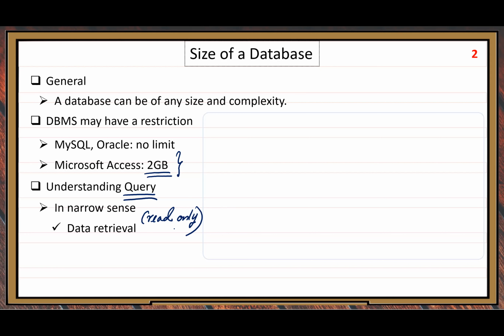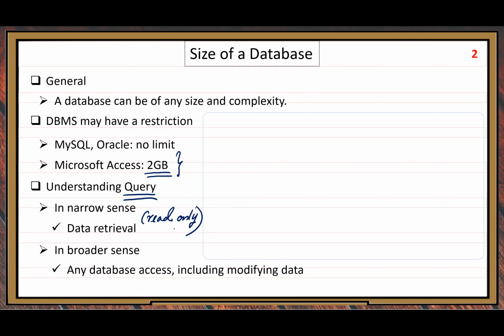Retrieval, yeah. That's the narrow sense, the original narrow sense for query. But there is another, broader sense, because many times people take this broader sense. That's any database access, including modifying data, we call query.